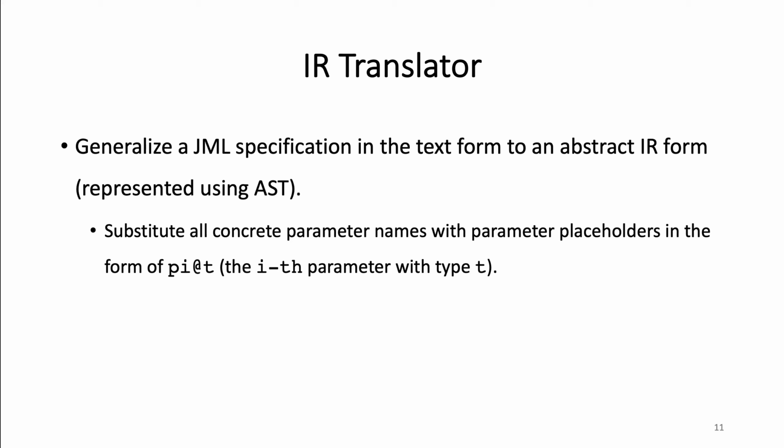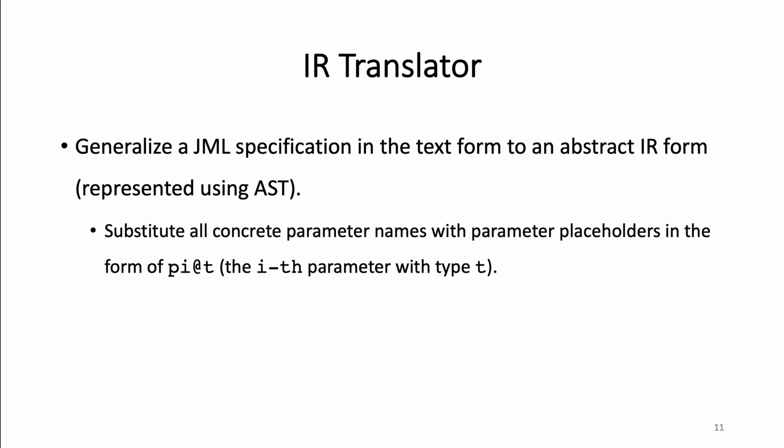It's very likely that a target method with similar specifications does not have a parameter with the name element. Then it would be very difficult to replace it with some other parameter name, as we don't know what the element represents. By contrast, with the placeholder p1 and t, we know that it's the first parameter with the data type t, and thus finding a replacement is much easier.